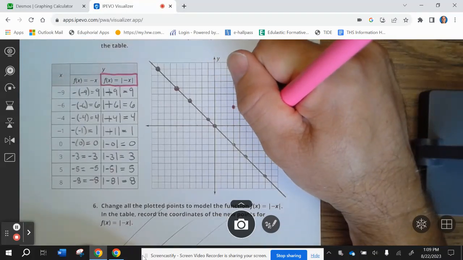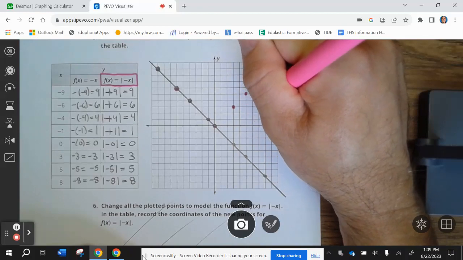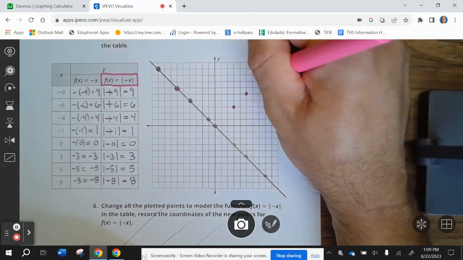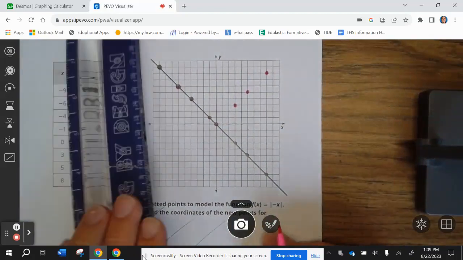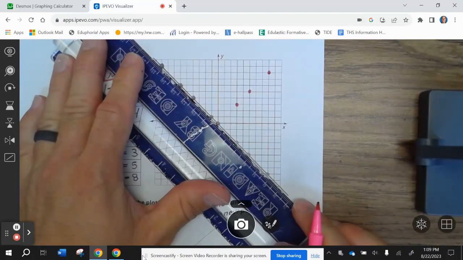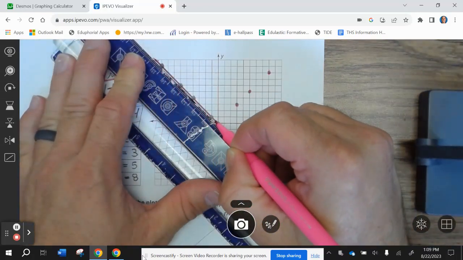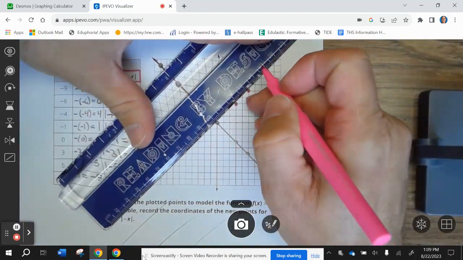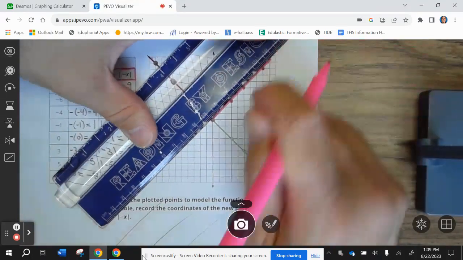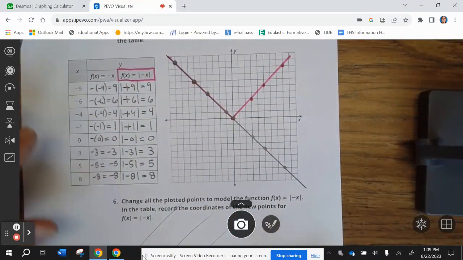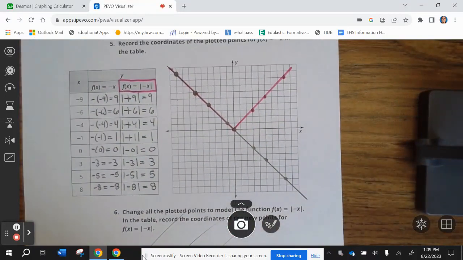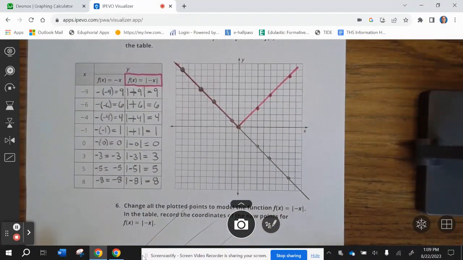And then 8, 8. There's your graph. Go and finish that up and have a wonderful Wildcat day.